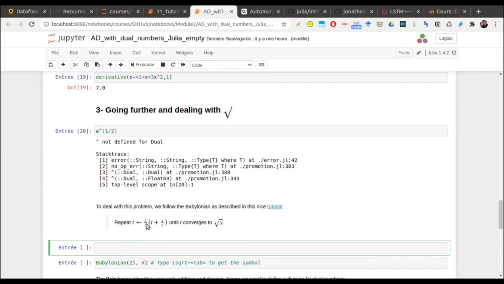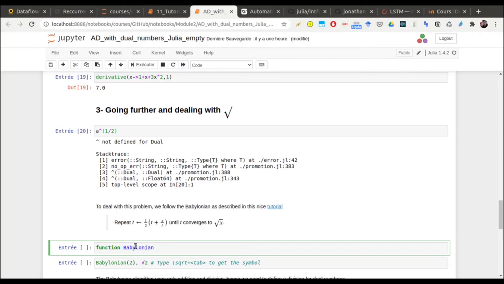I mean, you can formally show that it will converge to the square root of x, and the intuition behind it is if t is your current estimate for the square root of x, if t is too large, then x over t is too small, so taking the average of these two should be closer to square root of x than the original thing. And you can show mathematically that this will work.